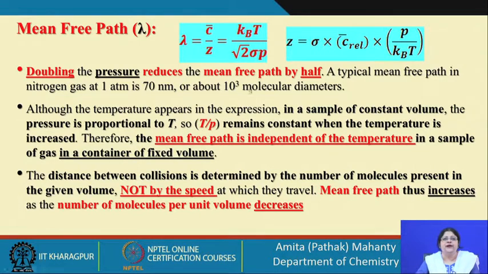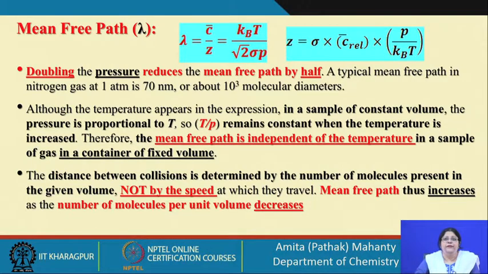In spite of the fact that speed is there in the expression, it is not the determining factor. It is the number of molecules present in the system that is going to determine whether the mean free path lambda is going to increase or decrease.